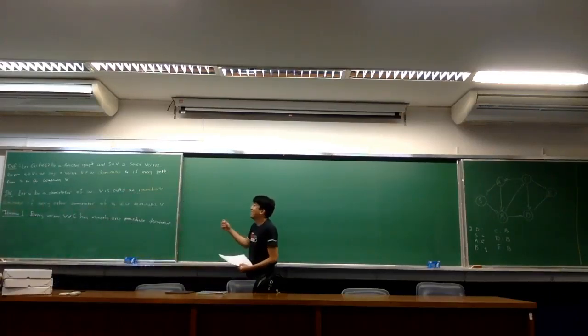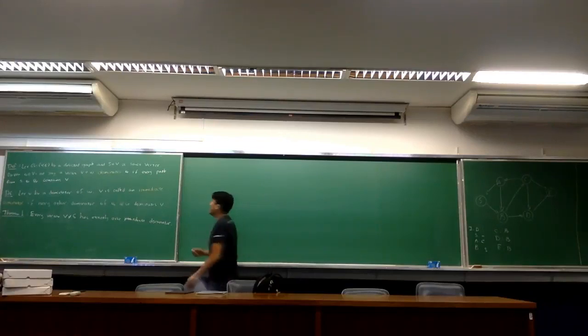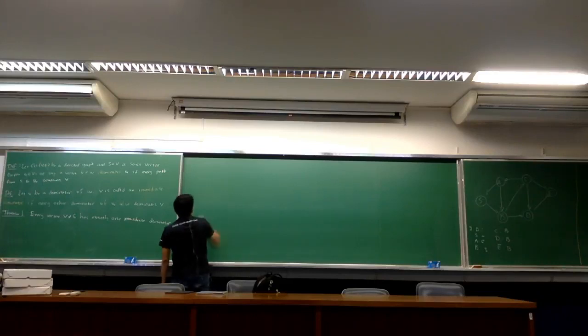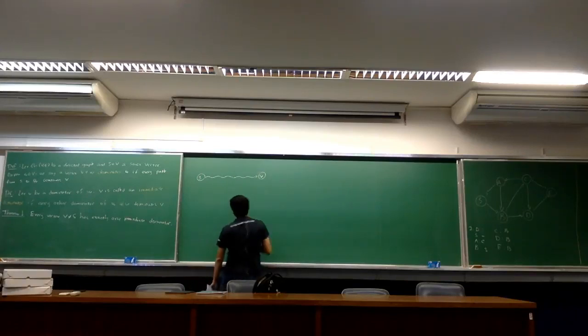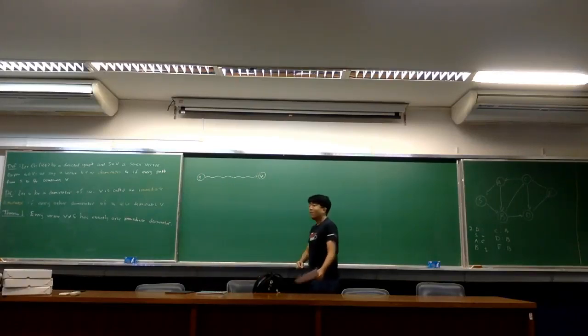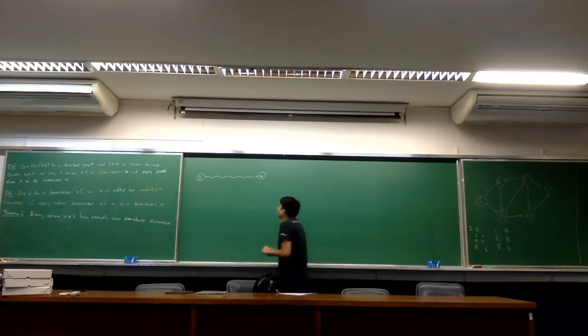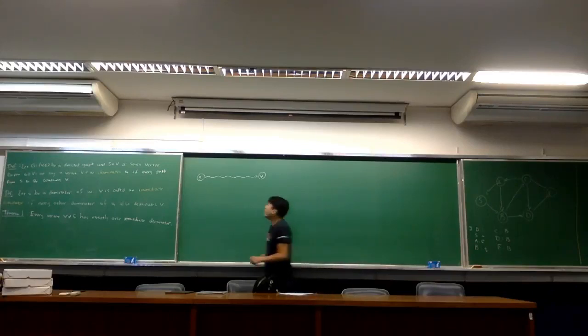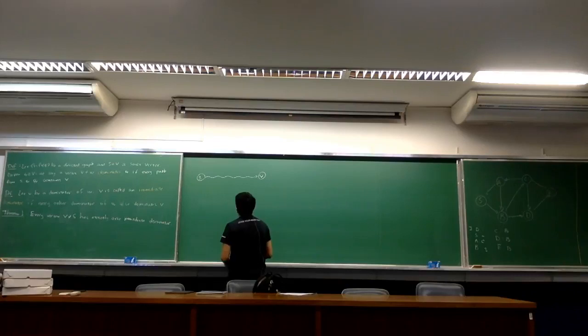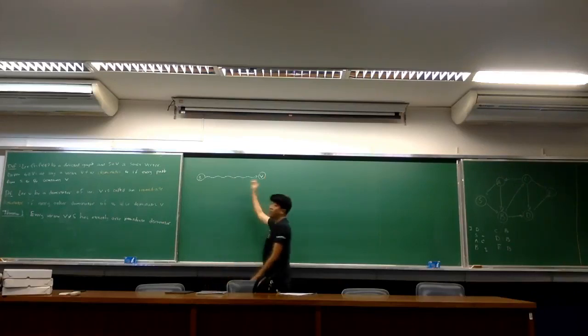Consider any path from S to B. We know that since B is not a source vertex, it has at least one dominator, right? Because the source vertex dominates every other vertex. Cool. So let's highlight every dominator that appears on the path from S to B.